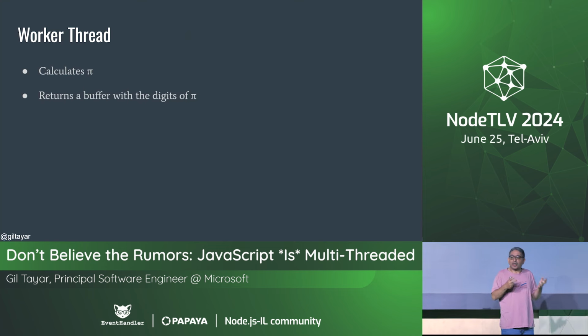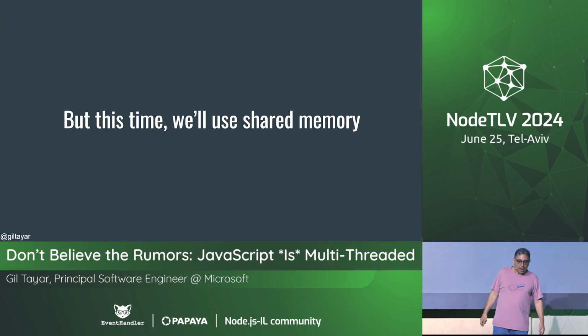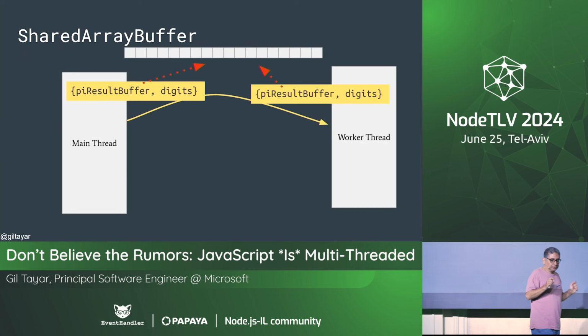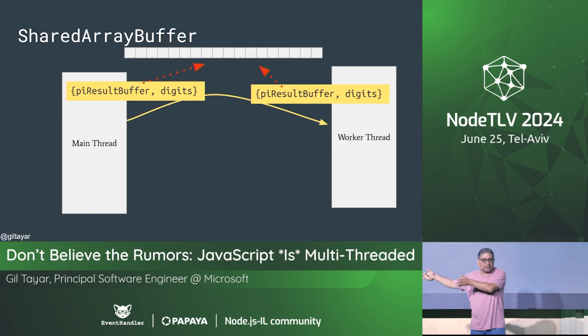Okay, so the worker thread calculates pi and returns a buffer with the digits of pi, 100 digits. But this time we'll use shared memory instead of transfer lists. So the idea is this. The main thread sends a copy of pi result buffer.